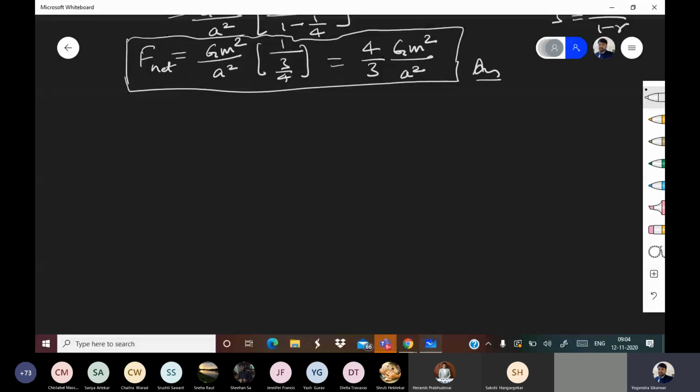The next important topic in this chapter, from a school point of view and also from a computation point of view, is acceleration due to gravity.